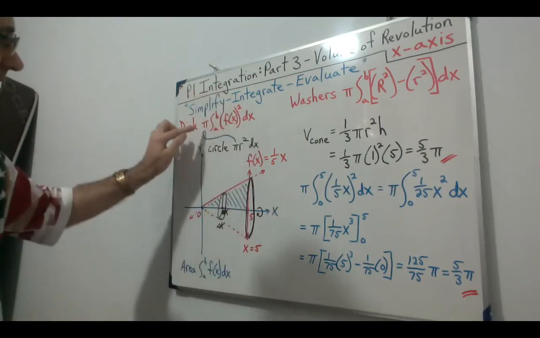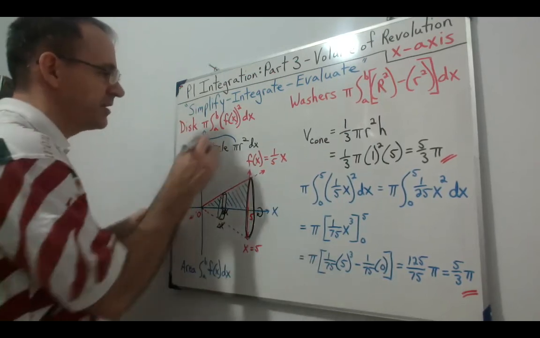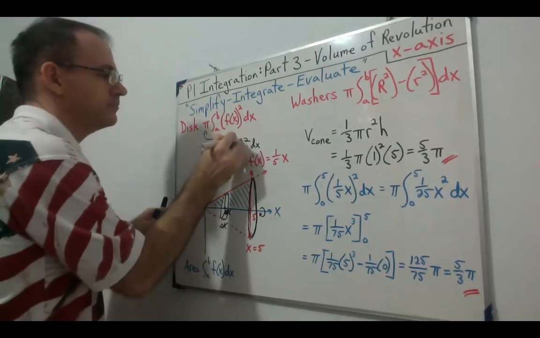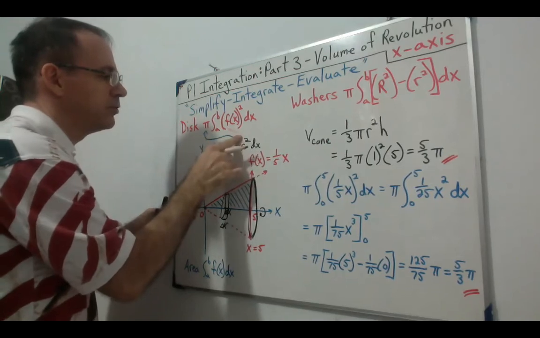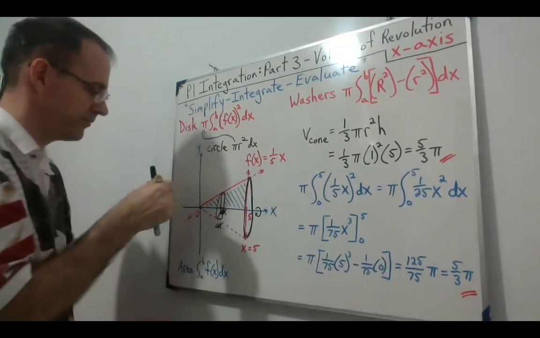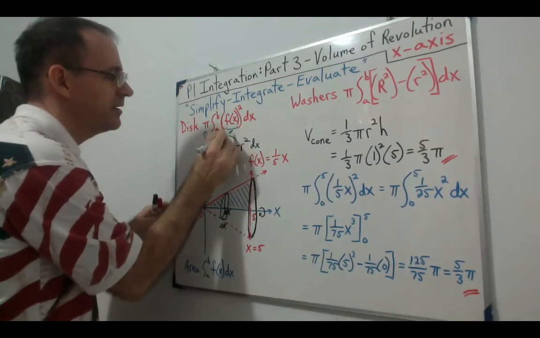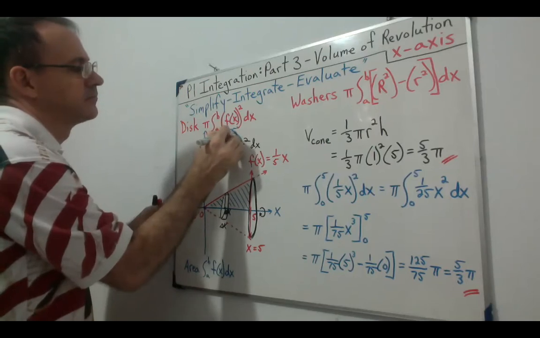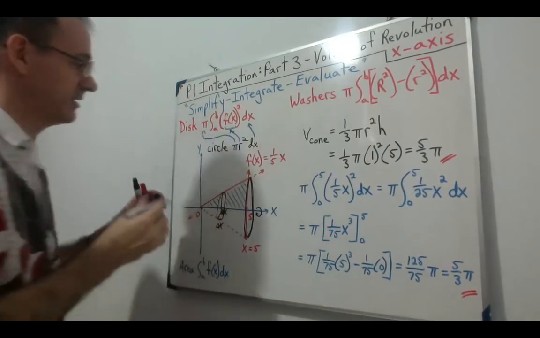So our formula is pi, and then the function is the radius. Oops, sorry, I was using blue. Let me put it in blue so we don't confuse the red here. So the function is the radius. Okay, and then the thickness is the delta x.